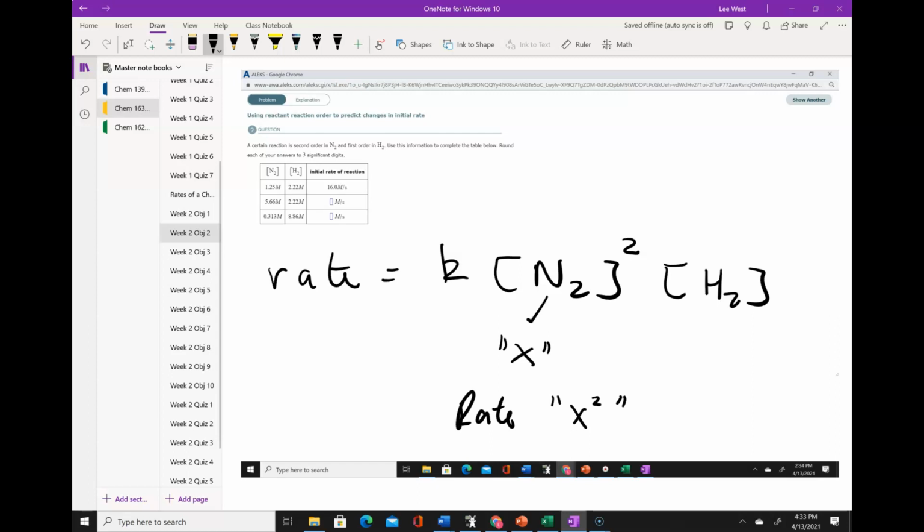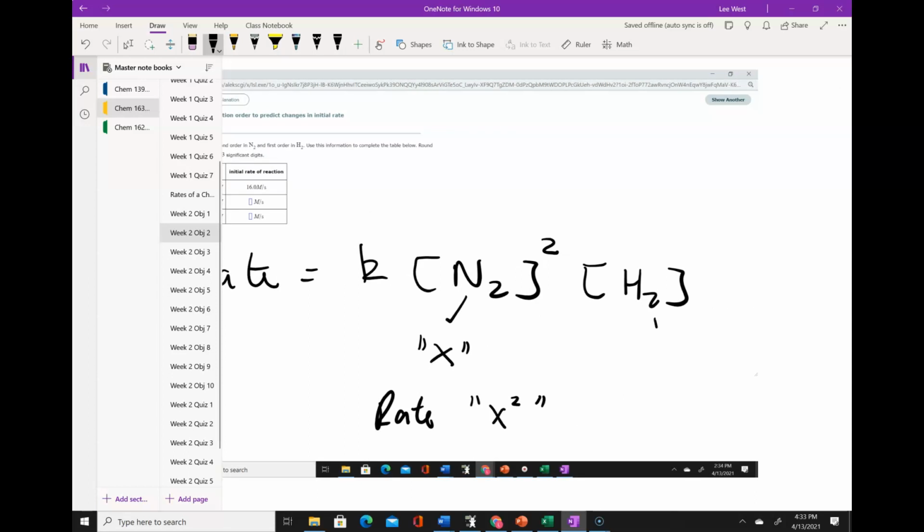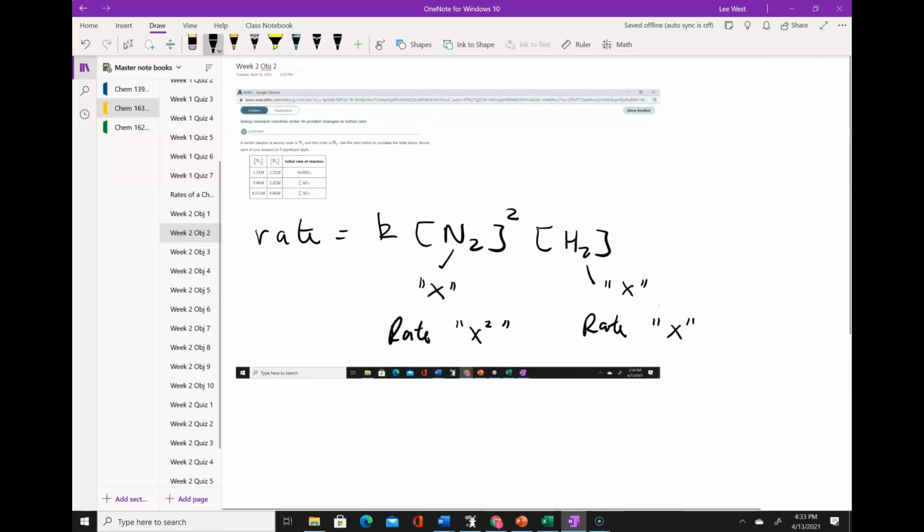But for H2, if the concentration of H2 changes by X, the rate will only change by a factor of X to the 1, or just straight up X. So you can see it's going to be more sensitive to changes in concentration of N2 than it is to changes in concentration of H2.